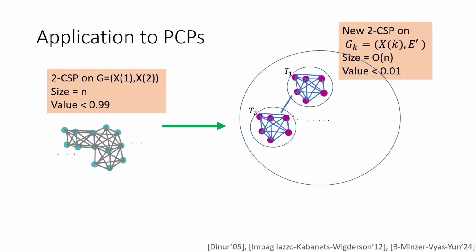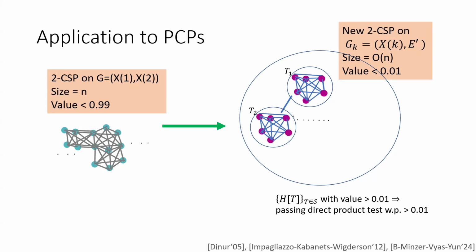A constraint on T1 and T2 checks whether the assignment the prover gives on T1 and T2 is consistent on the intersection, and satisfies all the edges of T1 and all the edges of T2. This is exactly what parallel repetition would do.